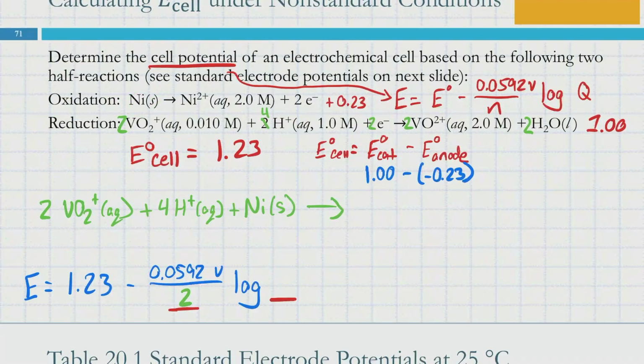On the product side, we've got, I wanted to say the liquid nickel. It's the aqueous nickel. Nickel 2 ion. We've also got 2 VO2 positive.